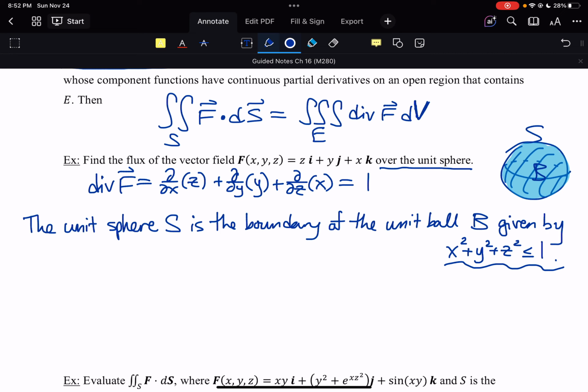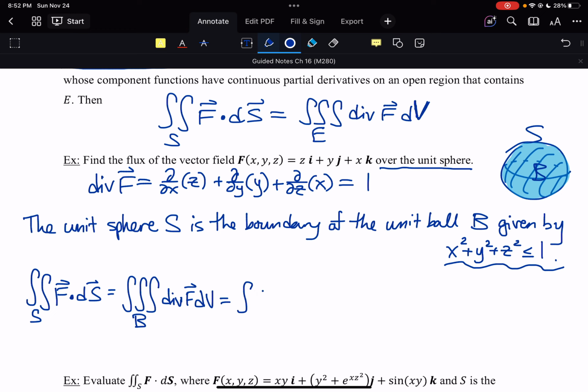So using the divergence theorem, we take the surface integral of F dot dS. That's equal to the triple integral over B of the divergence of F dV. Divergence is just 1 in this case.